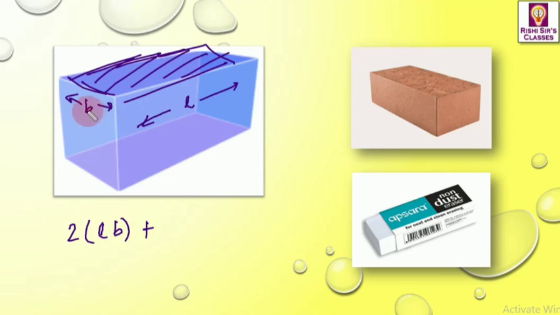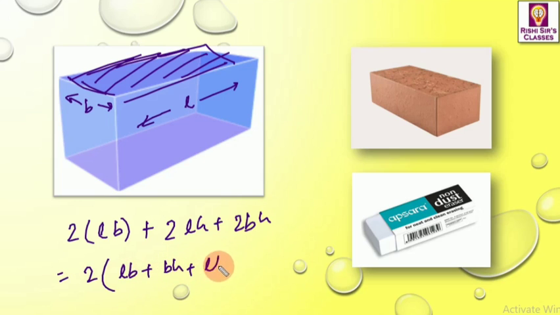And we are adding the LSA to it. What was the LSA? LSA was 2LH plus 2BH. We can take 2 common. It will be 2(LB plus BH plus LH). So in this manner we can remember the TSA and CSA of the cuboid. I hope this much is clear to you.